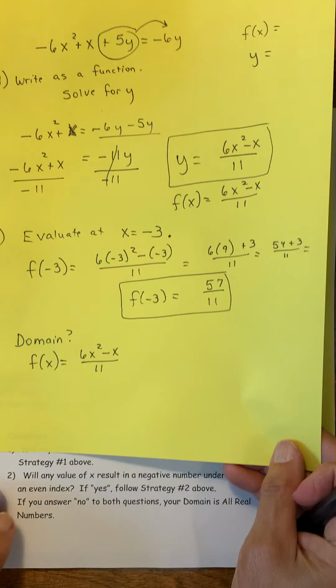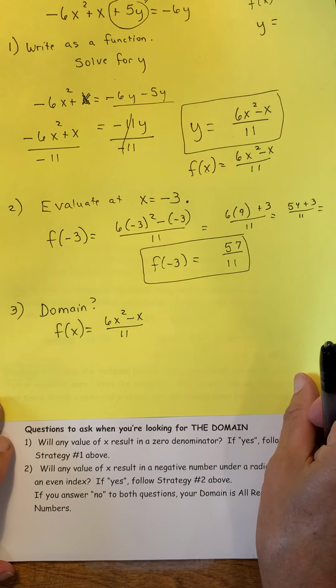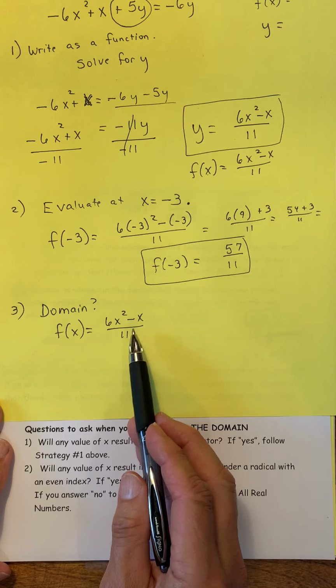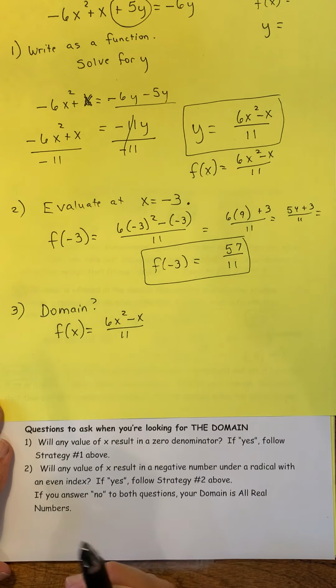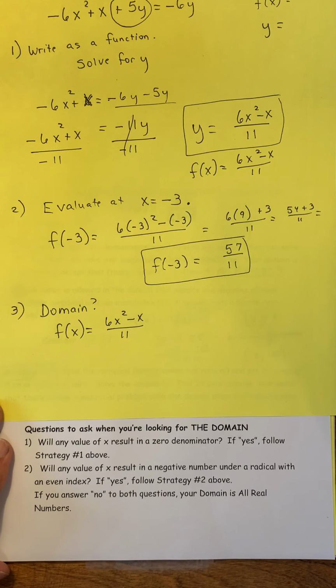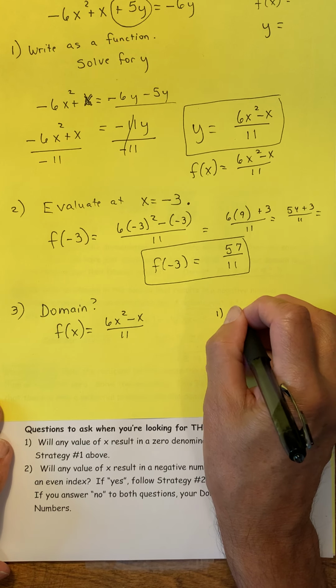Here they are, my 2 questions. First of all, can you pick a value for x that would result in a 0 denominator? Hey, I got a denominator, so I need to look closely at this. Pick anything for x. Will it ever result in a 0 denominator? No, it won't. Here's why.